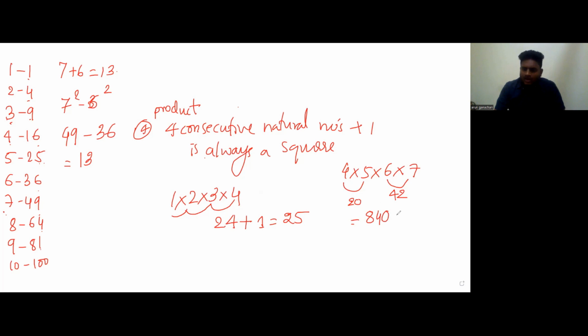Now, if I add 1 to it, it will become 841. 841 is a perfect square, yes or no? Because it is the square of 29. Square of 29 is 841. Getting this? So, this was your fourth point.